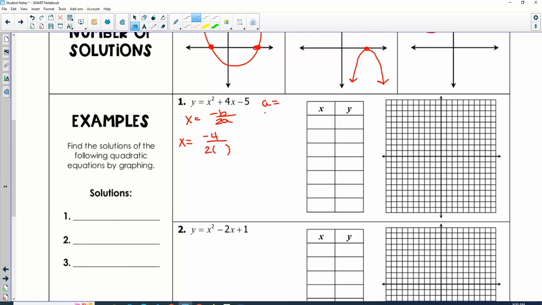If there's nothing written there, what is a? 1. So we get negative 4 over 2, or negative 2. Notice I did make the table a little bit bigger this time, but I'm still just putting this negative 2 in the middle.